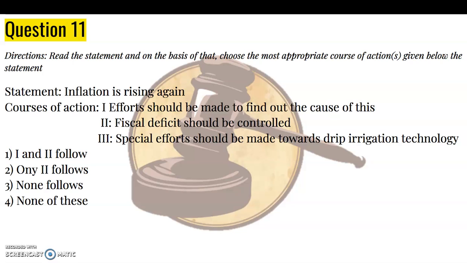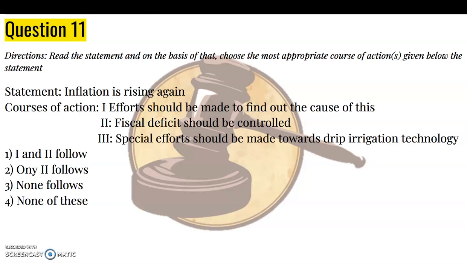Special efforts should be made towards drip irrigation technology. This is a bit too specific. We don't know if drip irrigation is causing the problem. It is very specific. It's like saying the class is very noisy and we are just scolding one child.